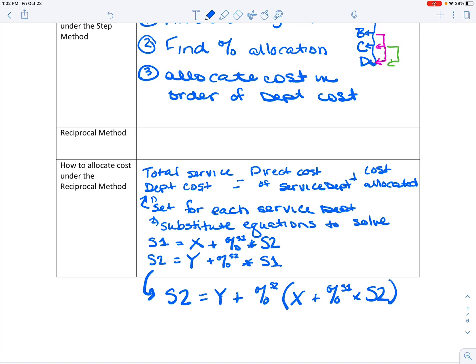Now a lot of these numbers are going to be given to you. For example, this Y you'll have, the X you'll have, this is given, this is given. So really once you solve for S2, then you can go back and plug that back in to S1.